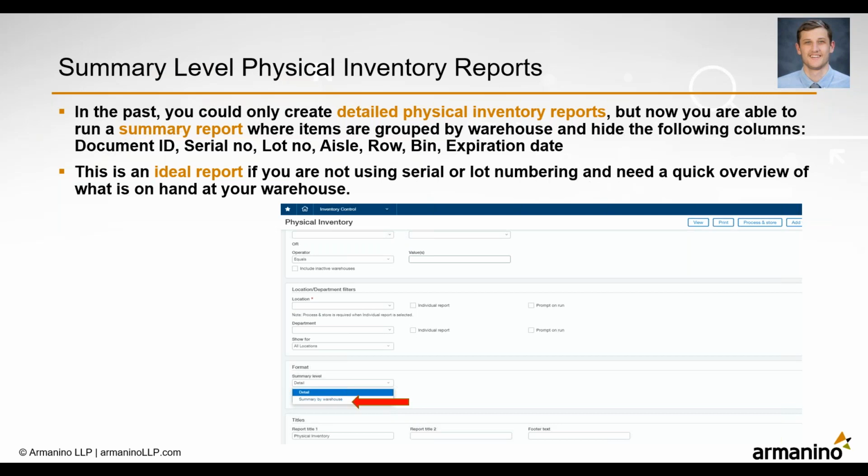This is going to be a really ideal report if you're not using serial or lot numbering in your warehouses and you just need a quick overview of what's on hand. It's a great option to get quick data and move on from there. So that's it for inventory.